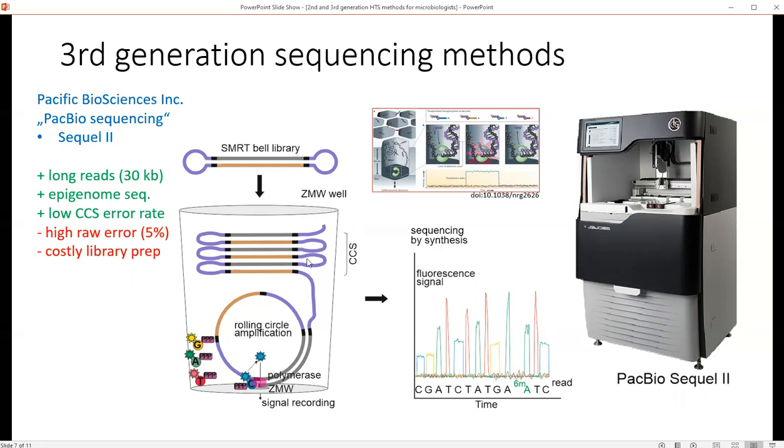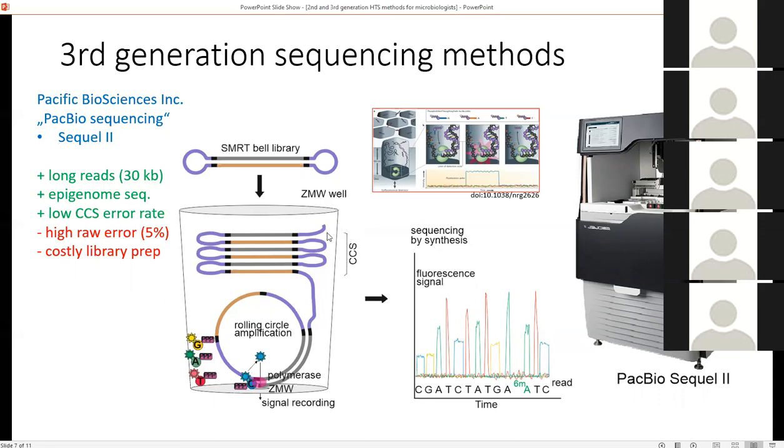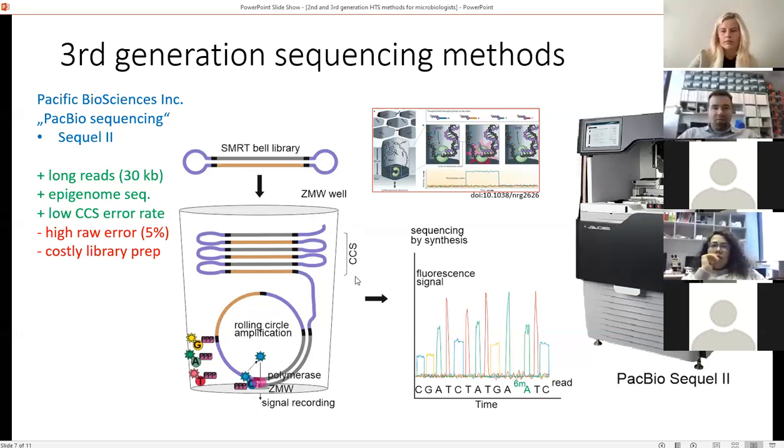The signal recording is using a laser in small nanowells in plates. So in each small plate there are millions of those different tubes, and the signal is recorded by the laser. Again, the sequencing is by recording the synthesized molecules, and each of the nucleotides releases a different fluorescent molecule.